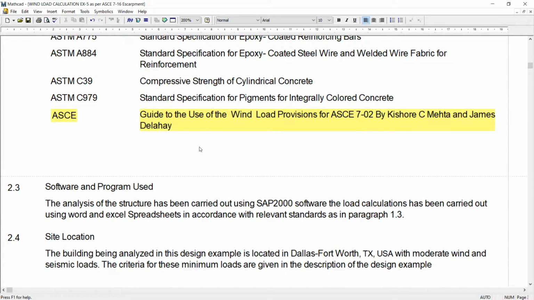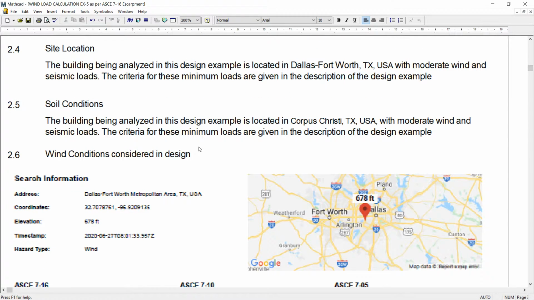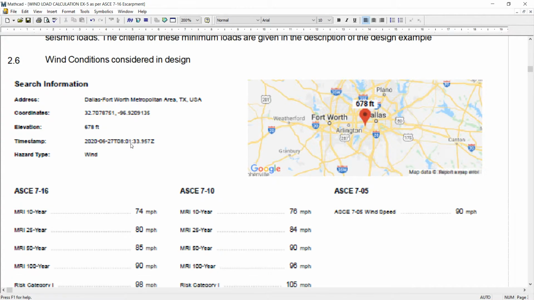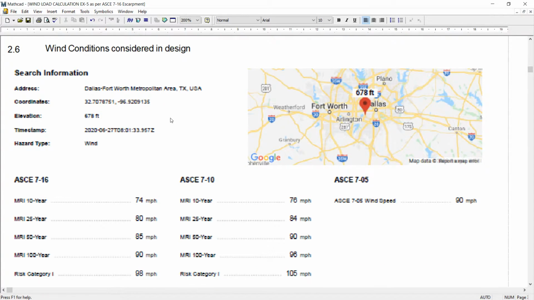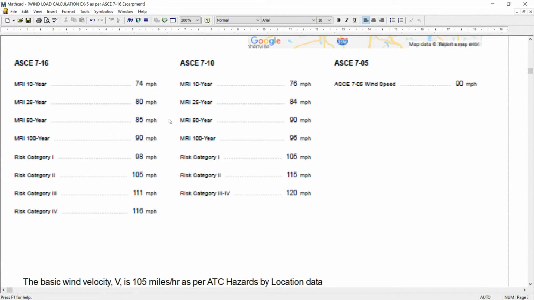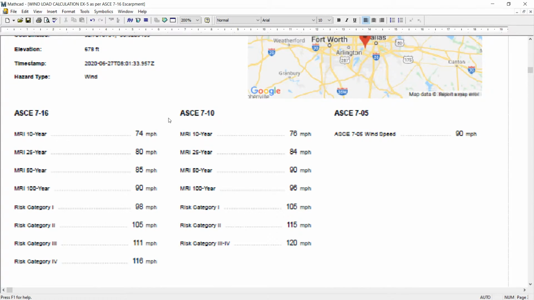Now of course, design criteria, load combinations, references, etc. are the same. Now, for the wind load, I took the wind speed from the ATC website, and from the ATC website you can see that as per ASCE 7-05 the wind was 90 miles per hour, but now for category 2 as per ASCE 7-16 the wind speed is 105 miles per hour.